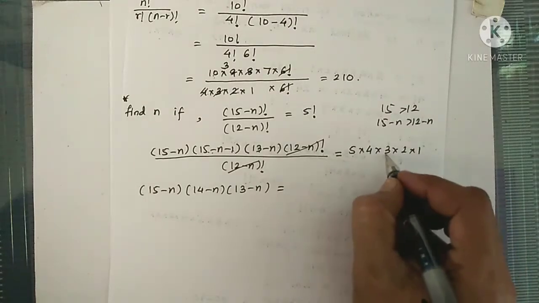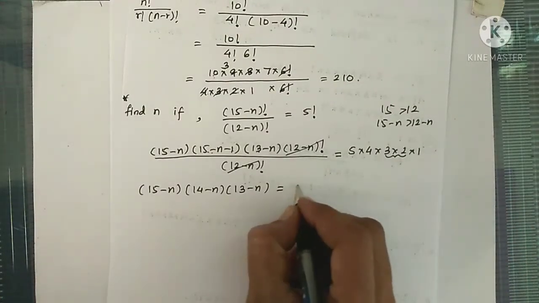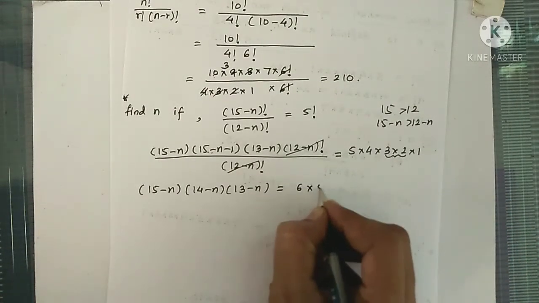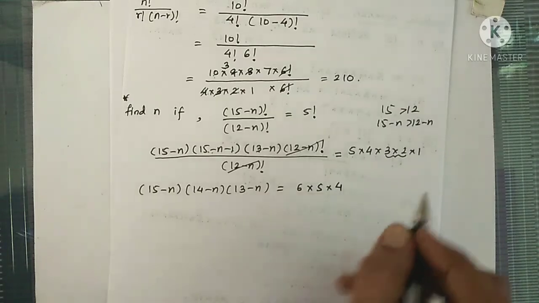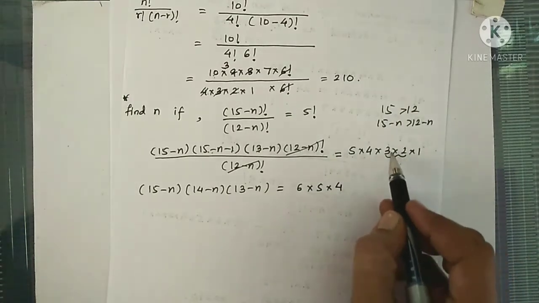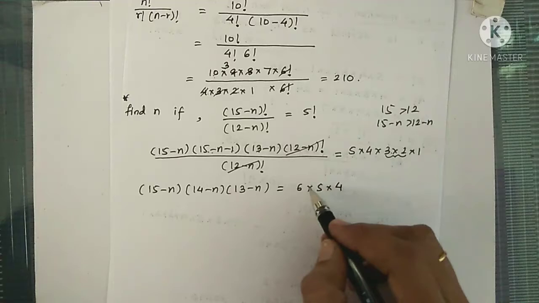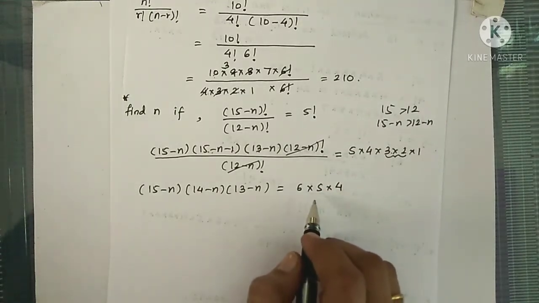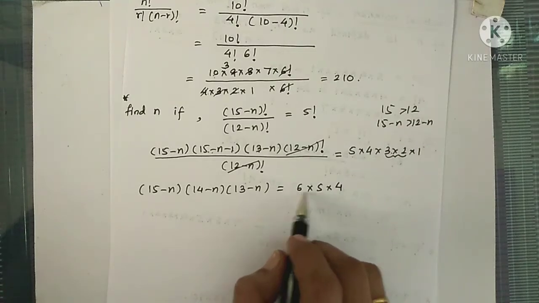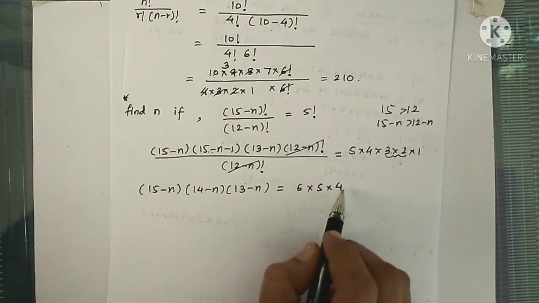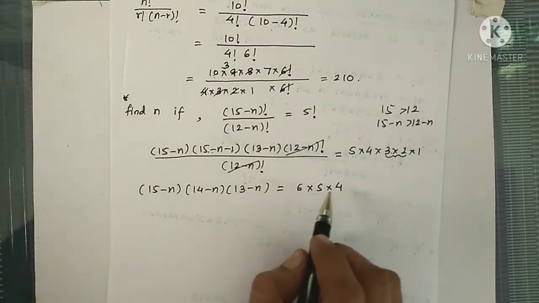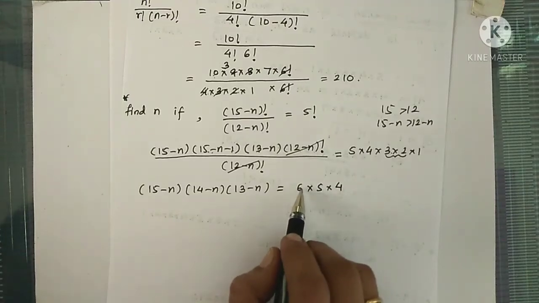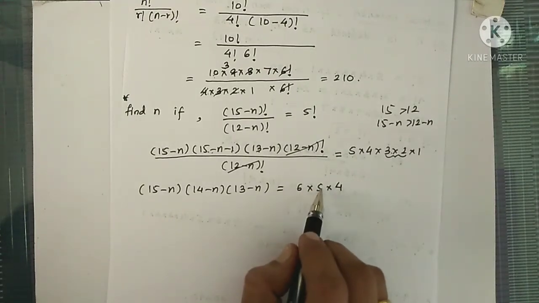See here, if we write this 3 into 2 as 6, 5, 4. Writing this product together, 3 into 2 is 6, then 5, 4. Now the reason for writing like this is, here it is a product of 3 consecutive natural numbers starting with the biggest number. 6, then the difference 1, that is 5.